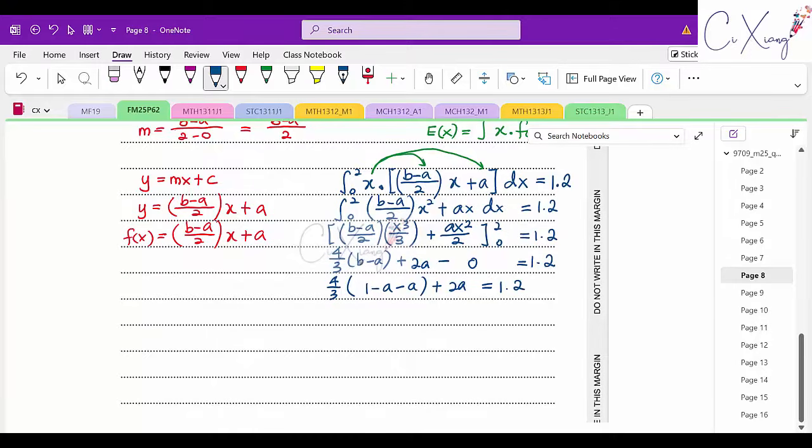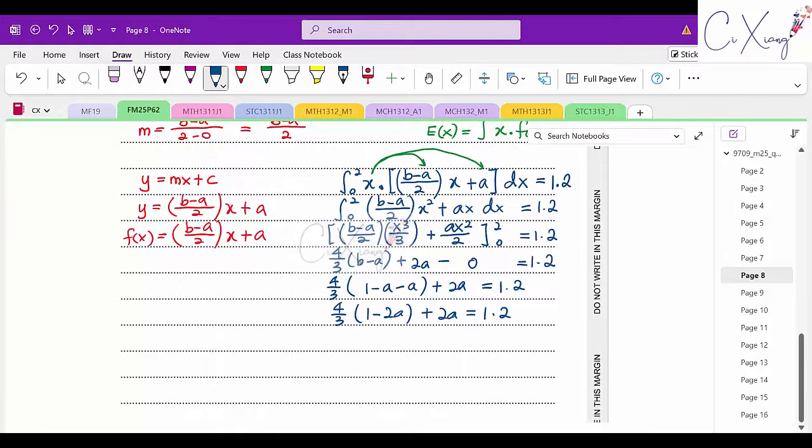Yeah, so we just try to simplify this equation. What should I have? 4 over 3, then 1 minus 2a, then plus 2a equals 1.2.